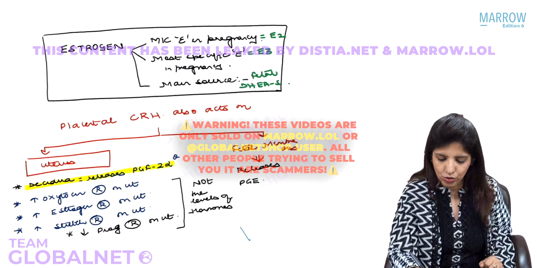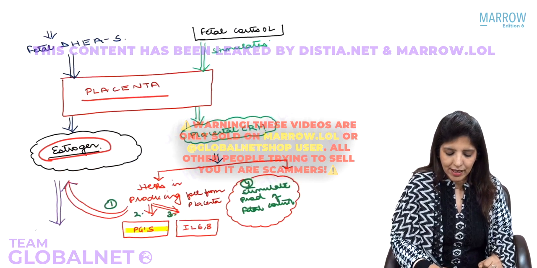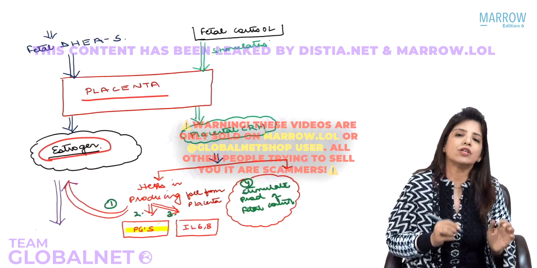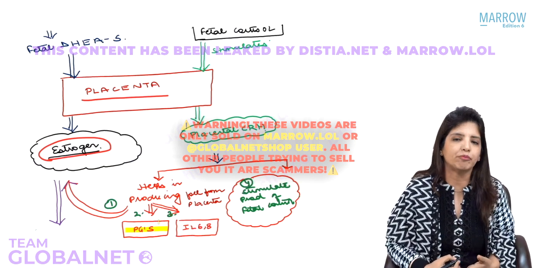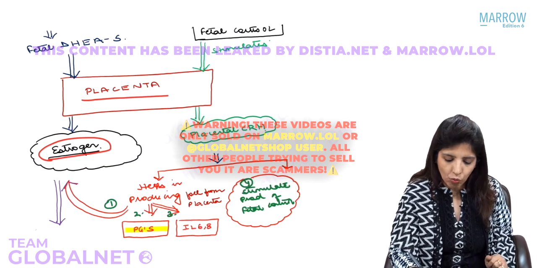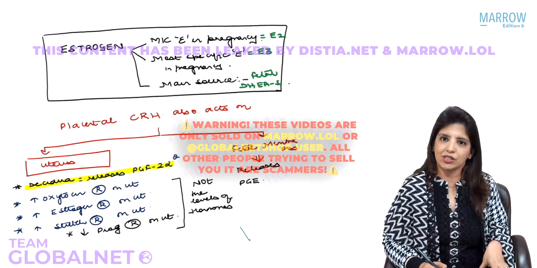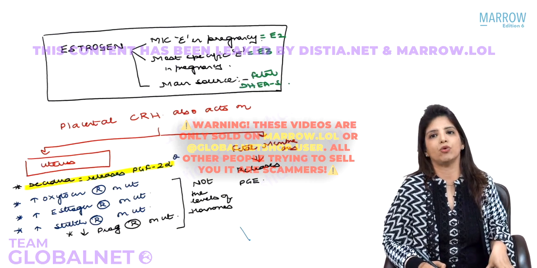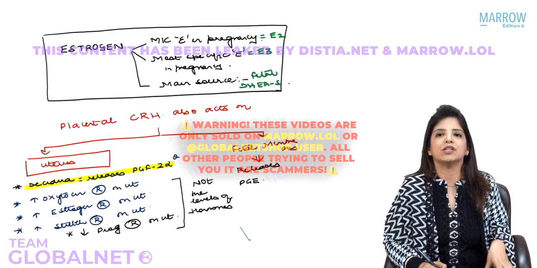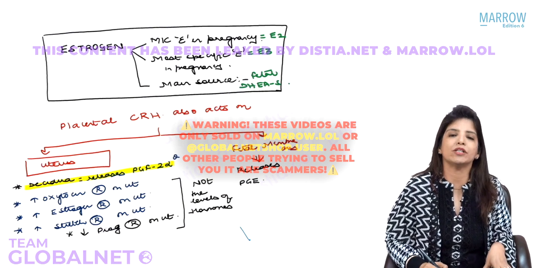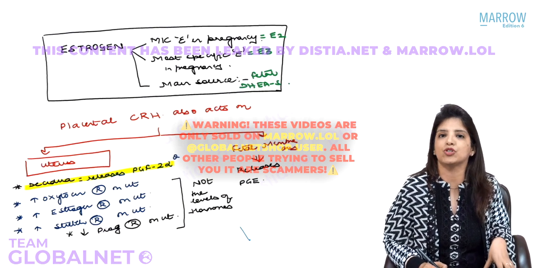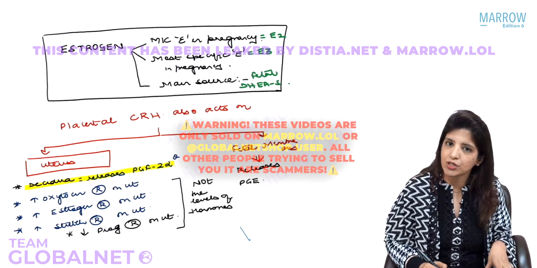That is why I told you that yes, it leads to production of prostaglandins, and from where the prostaglandins are produced, I'll tell you shortly. So one place from where it releases the prostaglandin is the decidua, and the question which they ask you is, which prostaglandin is released by the decidua? It is PGF2 alpha which is released by the decidua.